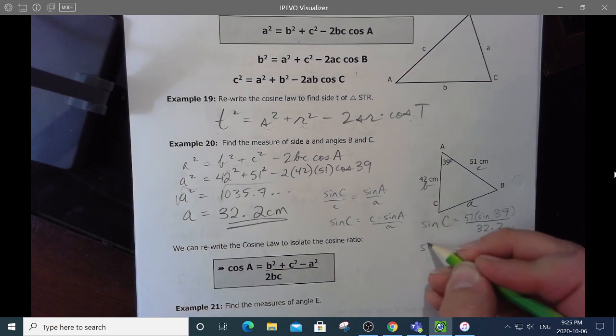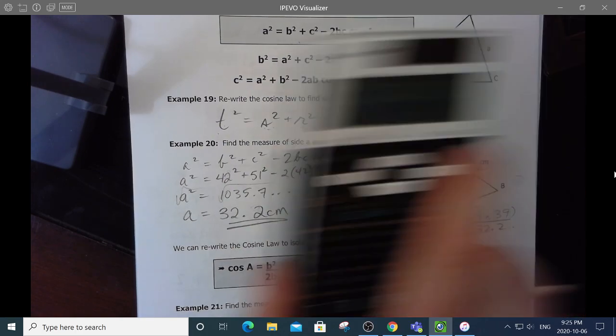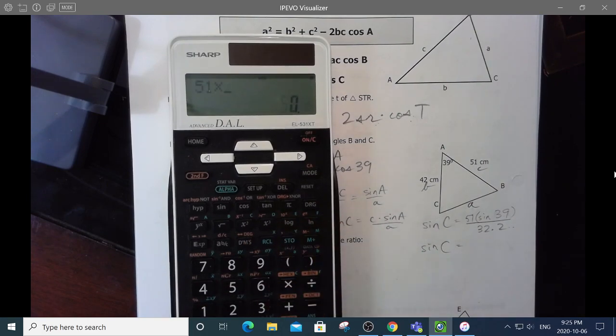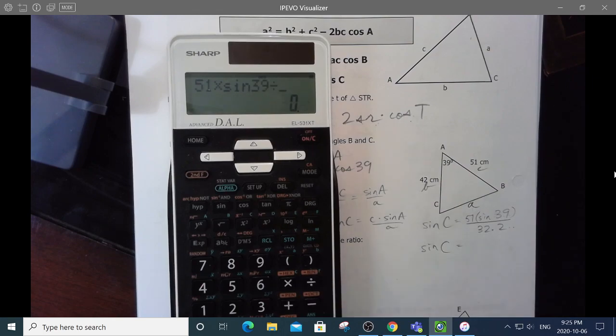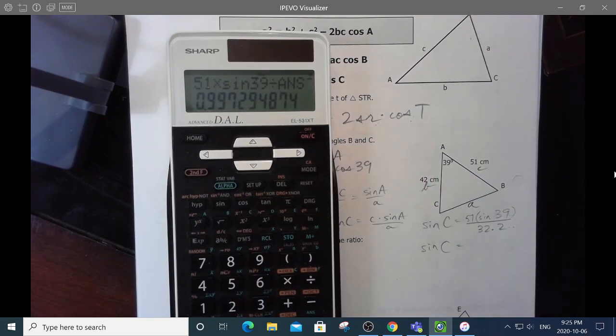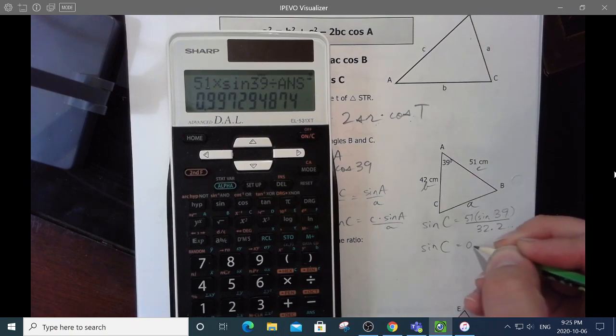So sine of angle C is equal to, and you know Mr. Kello, he does not like to repunch decimals. He's going to use his answer button. 51 times the sine of 39 divided by the answer I had earlier equals, and that makes sense that this has to be a decimal less than 1.